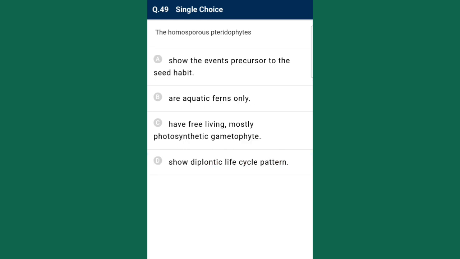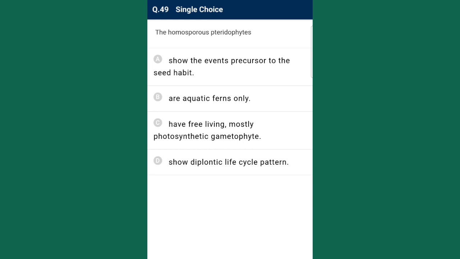Question number 49. The homosporous pteridophytes are, depending upon the nature of spores produced from the spore mother cells, pteridophytes can be broadly classified into two categories. Homosporous, example Lycopodium, Dryopteris.